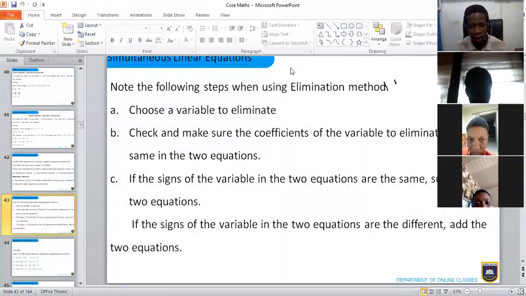After choosing the variable you want to eliminate, the next thing is you check the coefficient of that variable in both equations, and make sure that they are equal. So for instance, if I want to eliminate x, I must make sure that the coefficient of x in equation 1 is the same as the coefficient of x in equation 2.